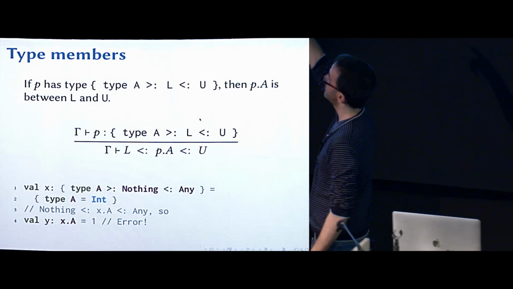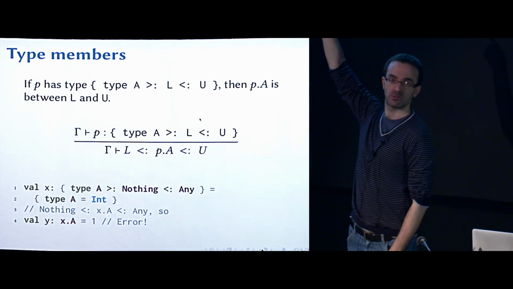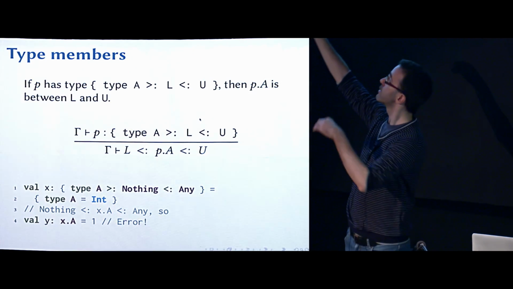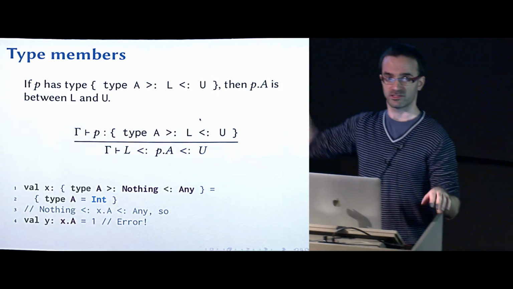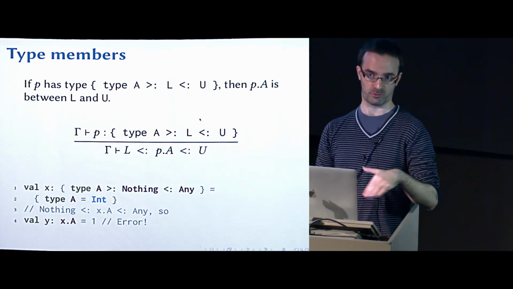So there, if A is between T and T, then p.A is a subtype and a supertype of T, so it's equal to T.